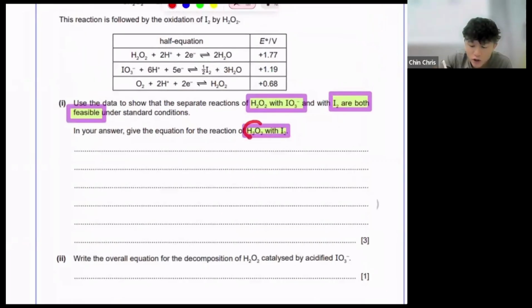So I want the equation for H2O2 and I2 first. Then we're going to try with H2O2 and IO3-. First, let's look at your H2O2. And I'm doing I2 first. I know that I'm swapping my I2 over here. If I'm swapping my I2 over, it's going to be what?